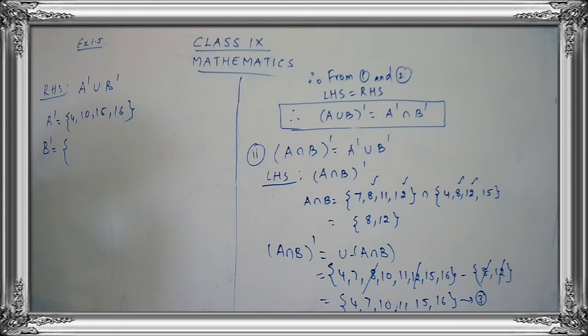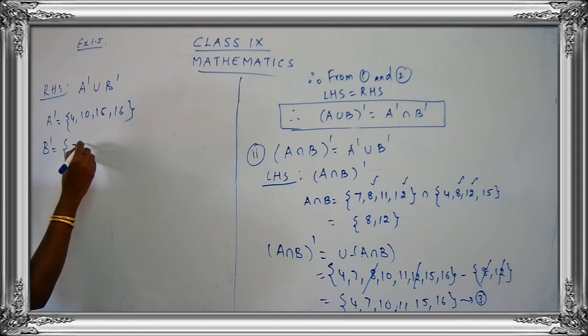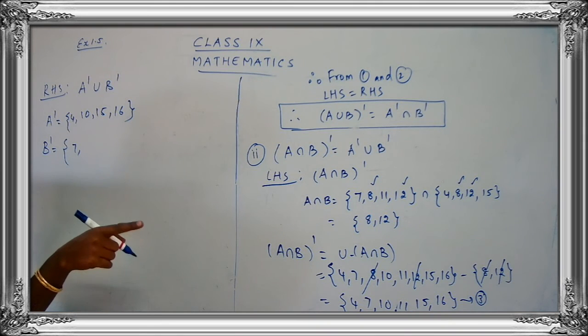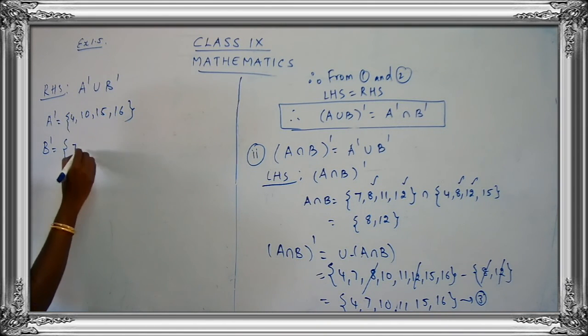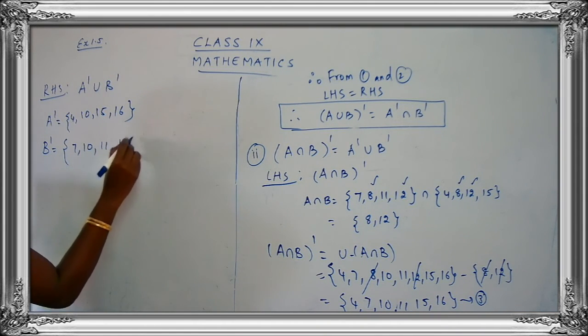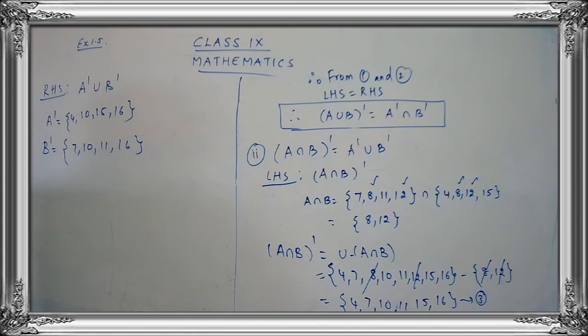B dash is 7, 10, 11, 16. We have just taken the values for A dash and B dash from the previous cases.